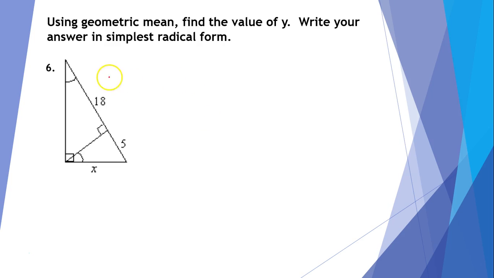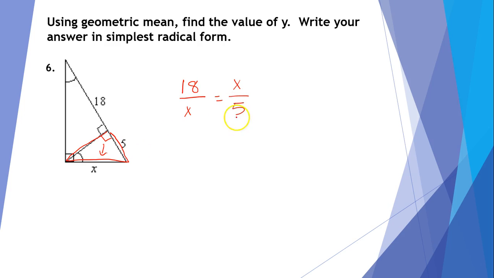How we do this is we start with the whole length of our hypotenuse over this triangle's hypotenuse, which is x, equals the length of this leg of our big triangle here, which is x, over the smaller triangle's leg that I just highlighted in red here, 5.